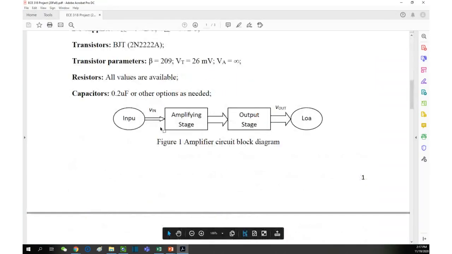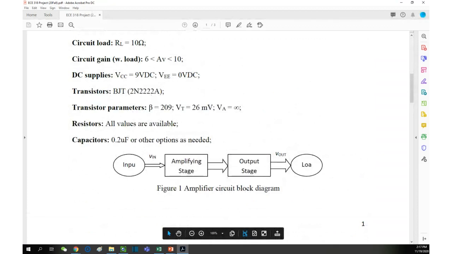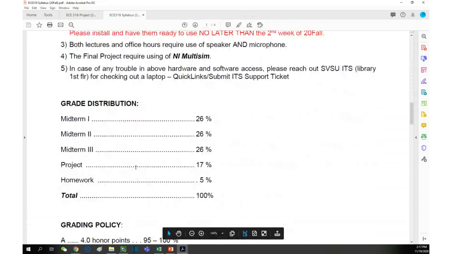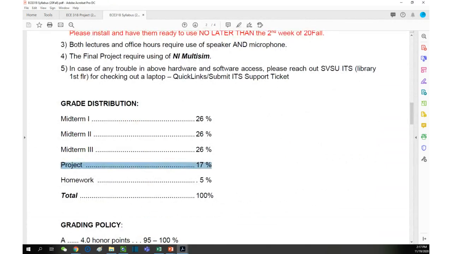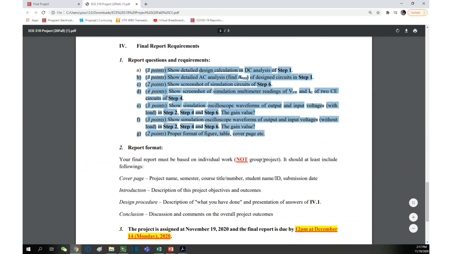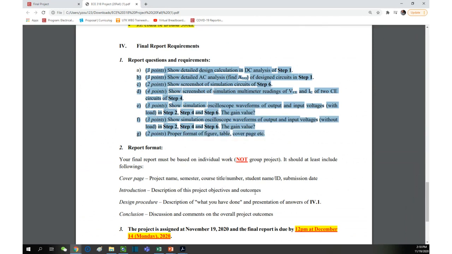It's here, right? The project is 17%. Yeah, 17%. Roughly, 1 point here is about 1 point towards your final grade. So it is significant. Follow the rubric to provide your report.